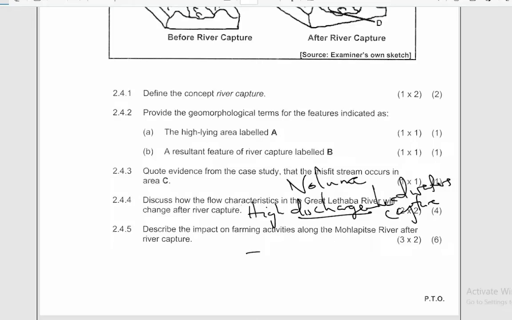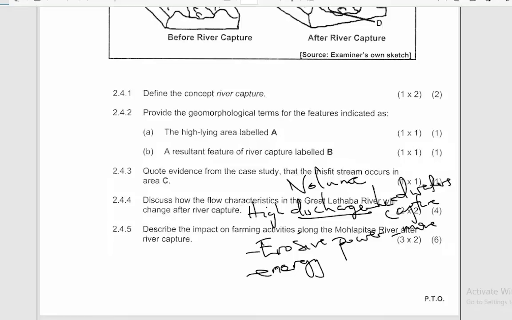And you can also talk of its flow feature in terms of its erosive power. What is going to happen to the erosive power of the river? The river is going to have more energy, or is going to rejuvenate. I think you understand the rejuvenation, where the river regains its energy to cause vertical erosion.